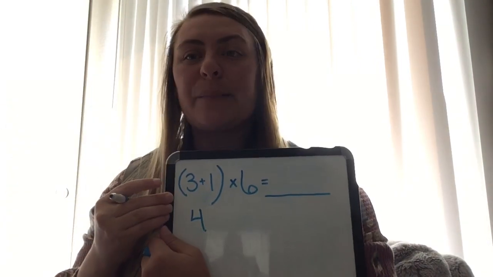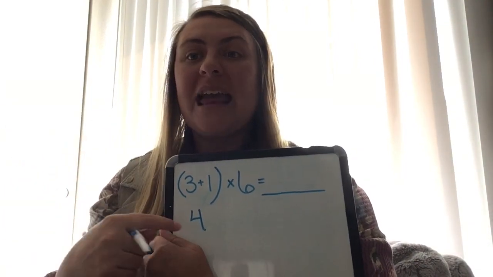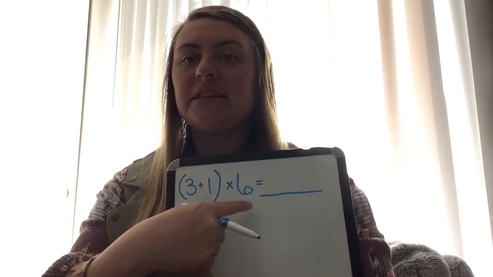When I'm answering 3 plus 1, I can either use my fingers or I can use our number line. And I'm going to just quickly use my fingers. So I have 3 and I add 1 more. My answer is 4. But remember, this is a multi-step problem, so I'm not done yet. Now I have 4 times 6.